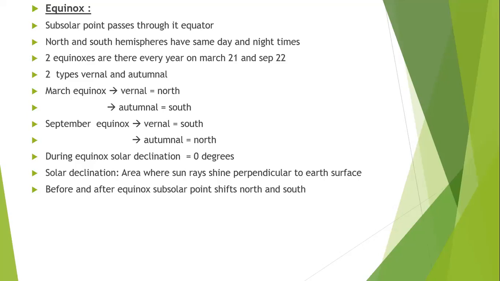This is called the sun's declination, solar declination. Before and after the equinoxes, the subsolar point will be migrating from north to south, again from south to north. This is a cyclic process, cycling from March to September, again from September to March, like that.